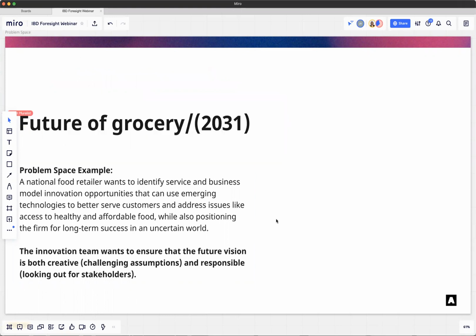And the mind space that we want to be in is what's written below. I have to imagine that we're working on behalf of a national food retailer. They're working on an innovation program to think about how to use emerging tech to better serve customers and address issues like access to healthy and affordable food. They also, because they're a business, want to make sure that they are successful in the future that they live in.